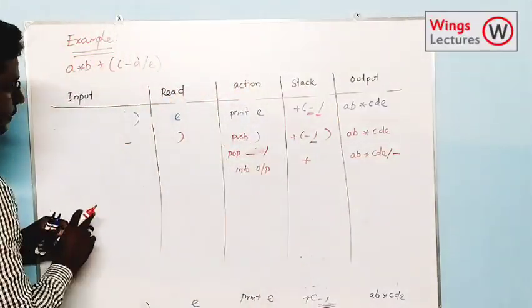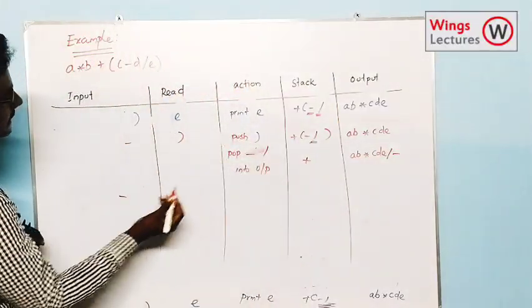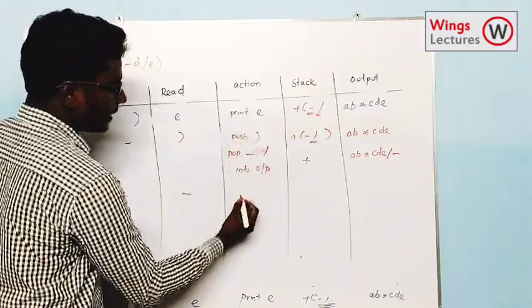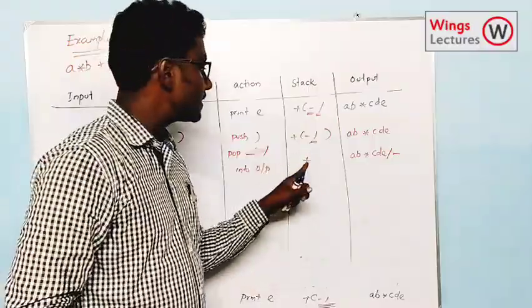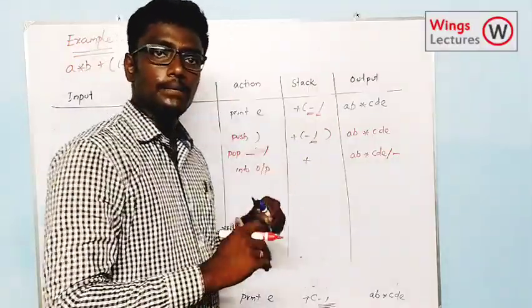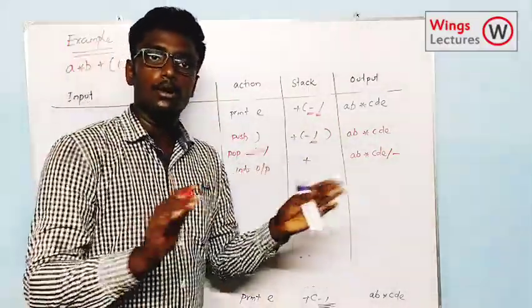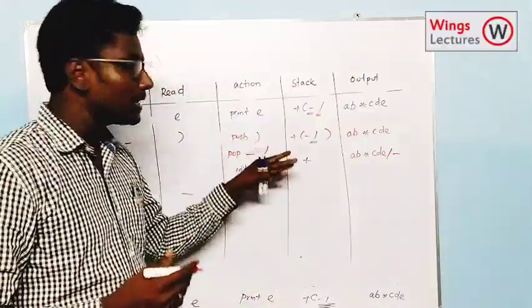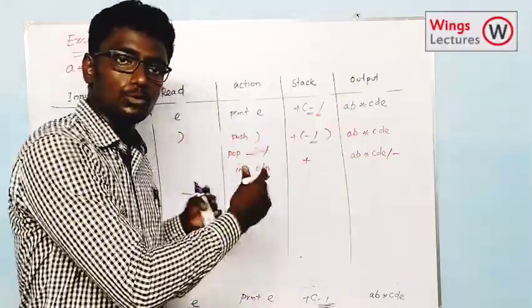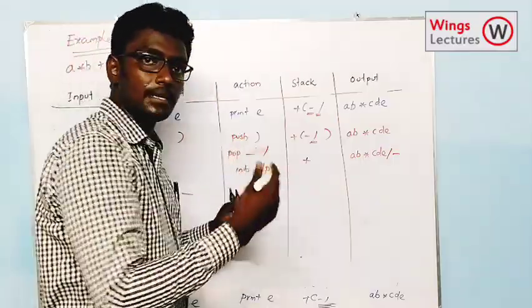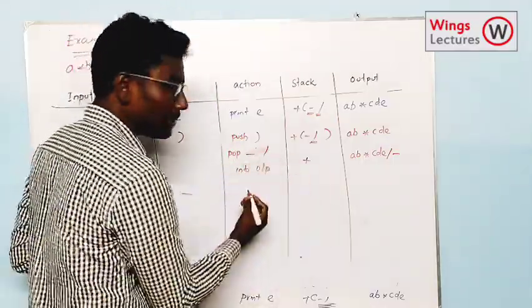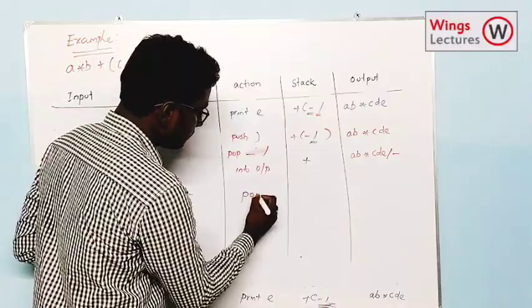Now here we don't have any step, nothing to read, and the final action is that we have only one operator left in the stack. There is no logic for that. If we don't have anything to read from the input side and we have a remaining operator, we can directly perform the pop operation.